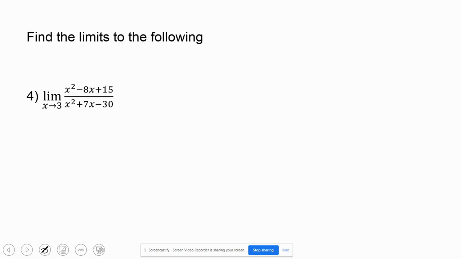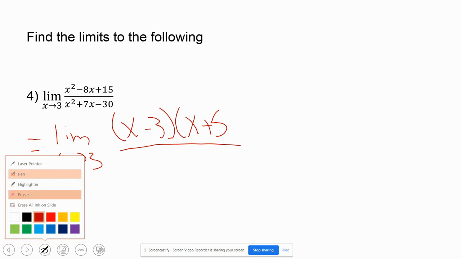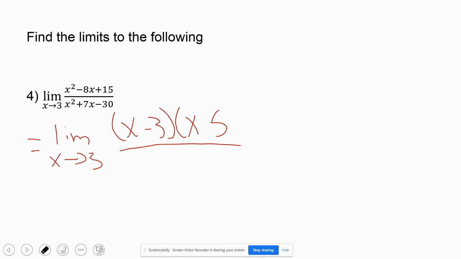This is another one where I want to factor. The limit as x approaches 3. x minus 3 times x minus 5, and x minus 3 times x plus 10.